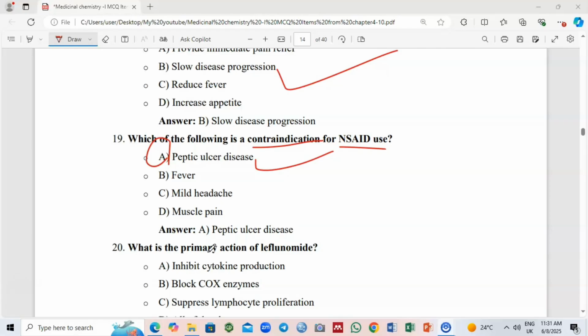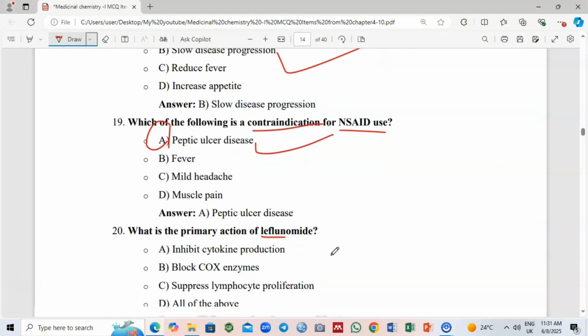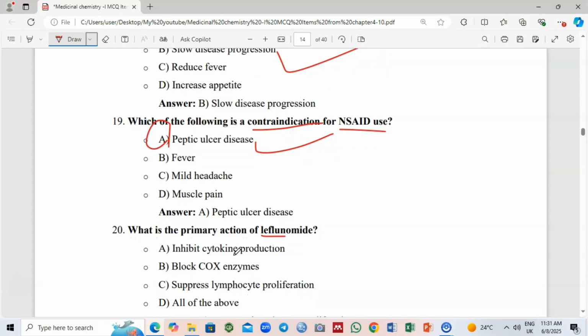Question number 20. What is the primary action of leflunomide? A, inhibits cytokine production. B, block COX or cyclooxygenase enzyme. D, suppress lymphocyte proliferation.